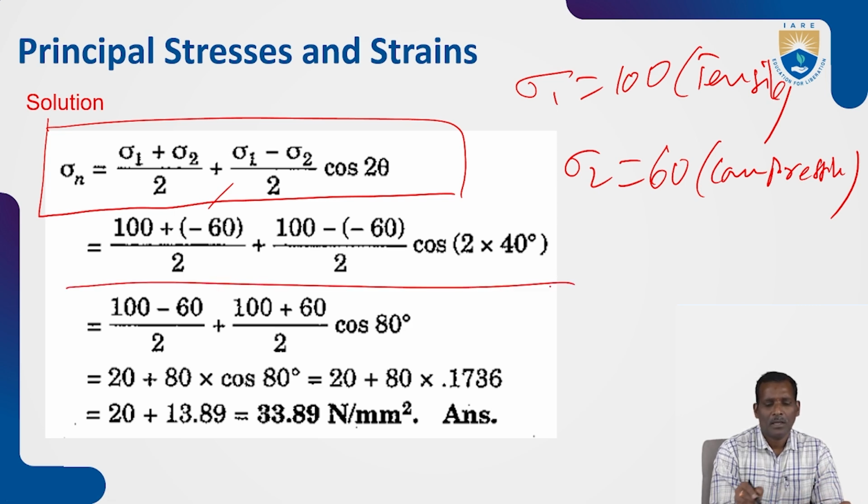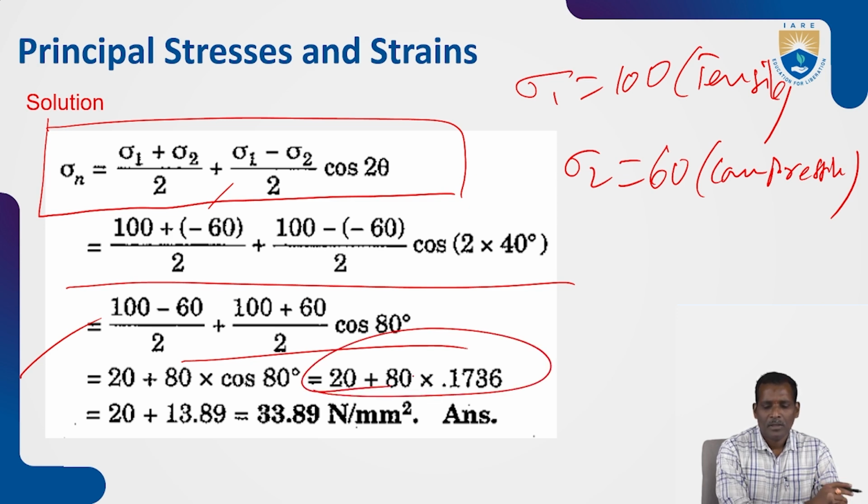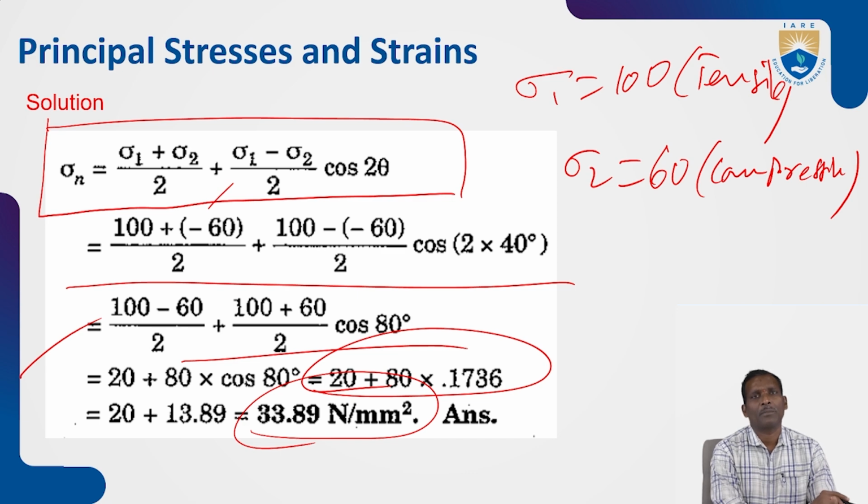Plus 100 minus of minus 60 by 2 cos 2 into 40. So now we'll get 20 plus 80 into cos 80 degrees, that is 0.1736. So the final value is 33.89 Newton per mm square.